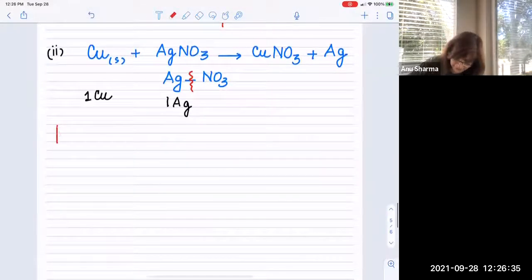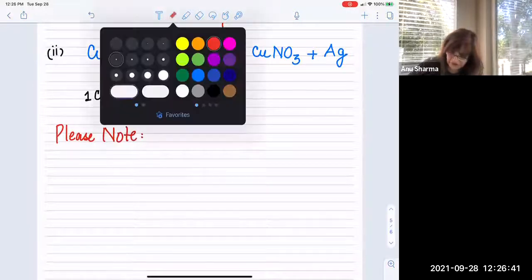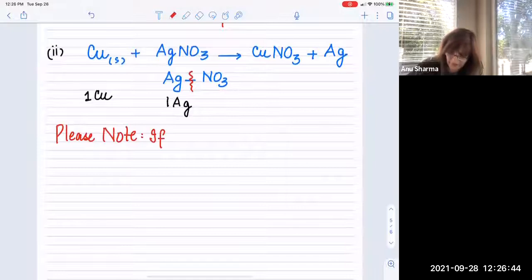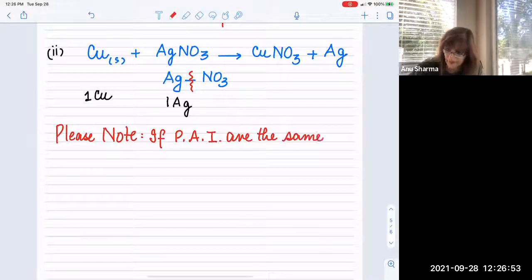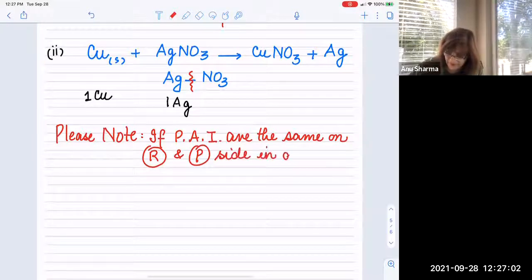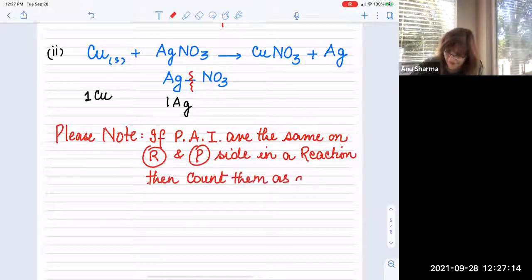Please note that if polyatomic ions are the same on the reactant and product side in a reaction, then count them as an entity.